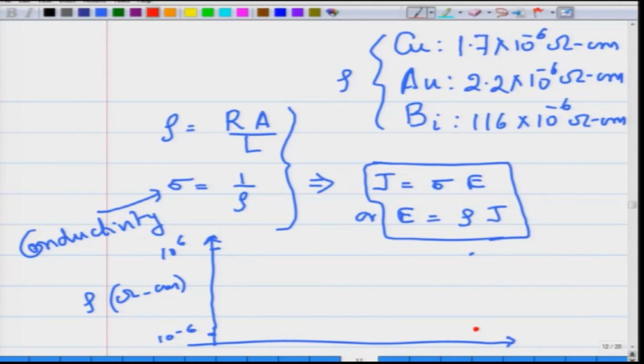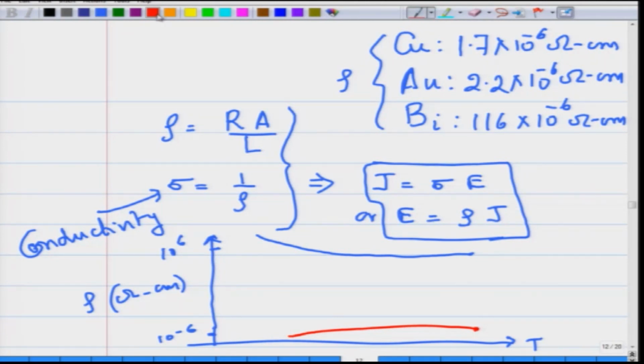And on this axis I have just drawn the temperature, and on the temperature scale the resistivity of an insulator and the resistivity of a metal can behave very differently. If you lower the temperature, the resistivity of an insulator can actually show an increase, whereas for a metal the resistivity can actually decrease.